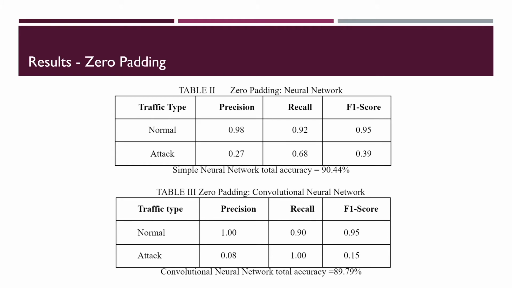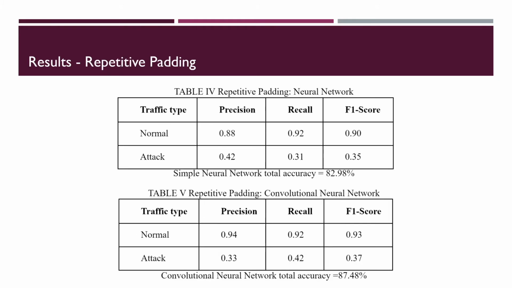For the results for the repetitive padding, just summarizing again the differences between the two: with repetitive padding, we're looping or feeding the data again and again in order to receive more precise results. For the repetitive padding for the neural network classifier, as you can see, the precision was slightly less.